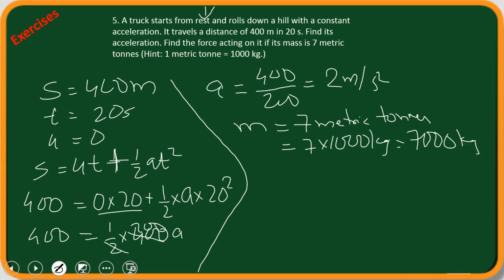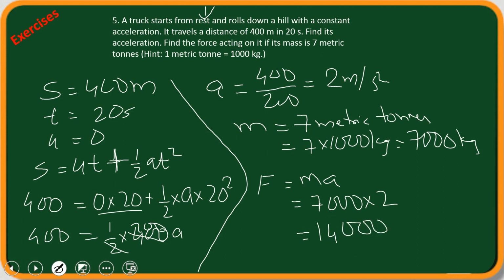Now force, you know that F is equal to ma. So force is mass 7000 into acceleration 2. So 7 twos are 14,000. The unit is Newton. So the force acting on the truck is 14,000 Newton. Understand?